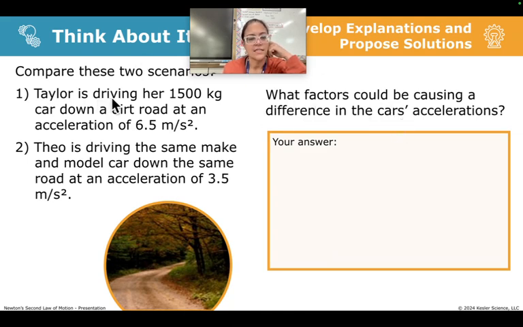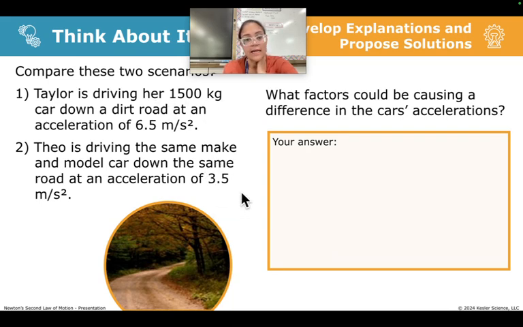Theo is driving the same make and model, the same car, down the same road at an acceleration of 3.5 meters per second squared. So what differences could there be in why Taylor is going so much faster? Why is she able to accelerate much more, even though she's driving the same road in the same car as Theo? What do we think?